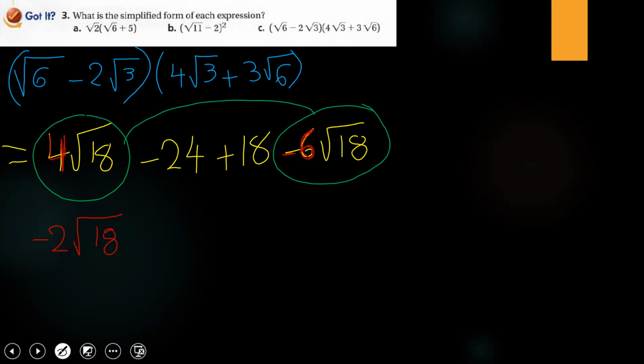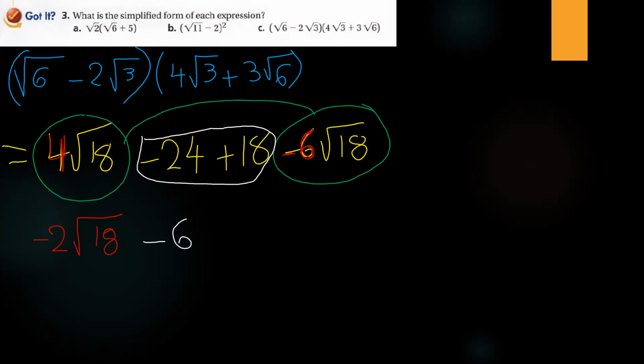So we have negative 2 square root of 18. Then let's go to the numbers now. Negative 24 plus 18 is what? Negative 6, exactly. So by now, the final answer is negative 2 square root of 18 minus 6.